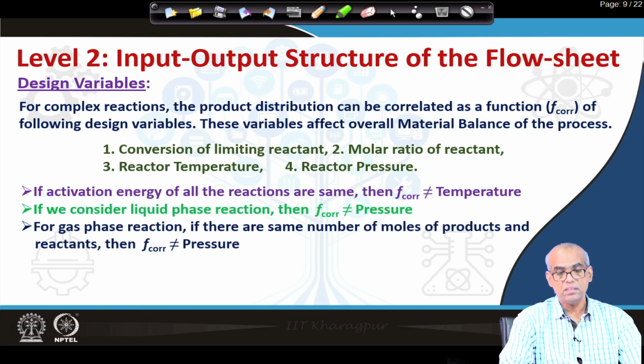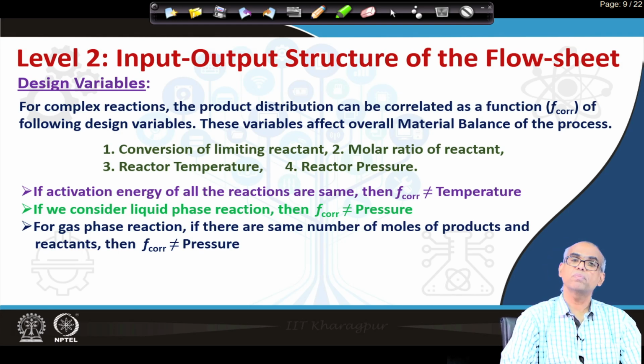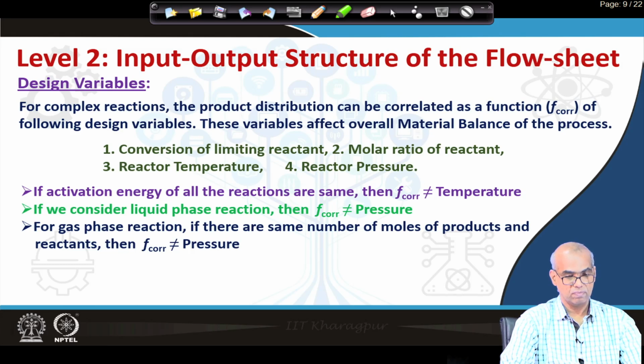If the activation energy of all the reactions is the same, then the correlation describing product distribution will not depend on temperature. Similarly, if we consider a liquid phase reaction, then the product distribution correlation will not be a function of pressure. Also, for a gas phase reaction, if there are the same number of moles of products and reactants, then also the correlation describing the product distribution will not be a function of pressure.